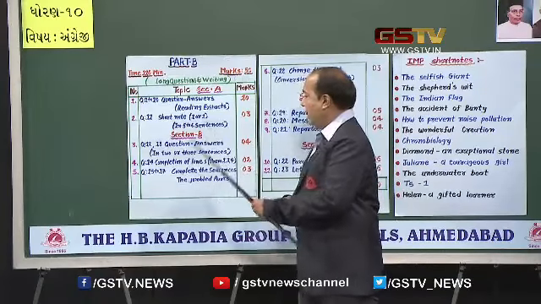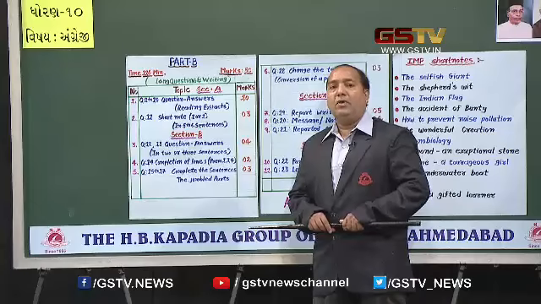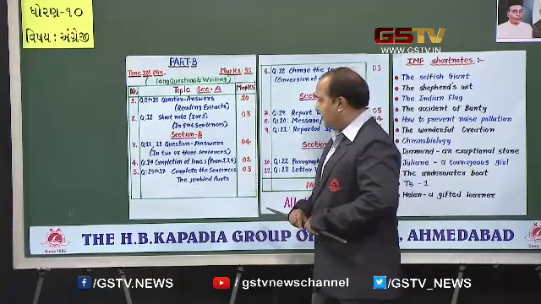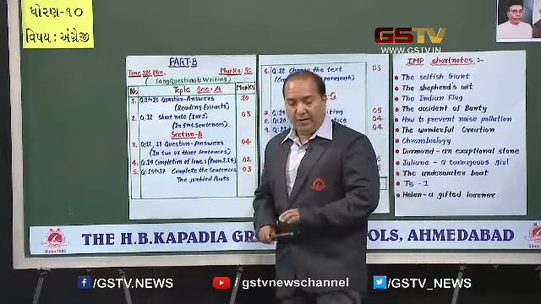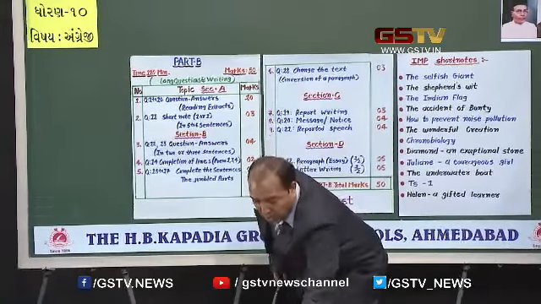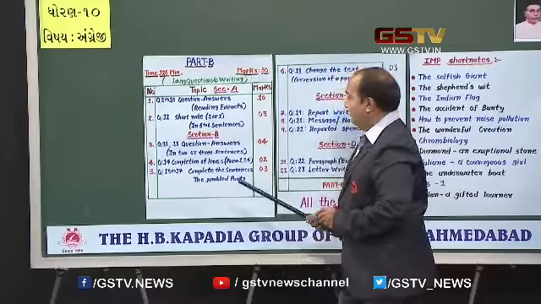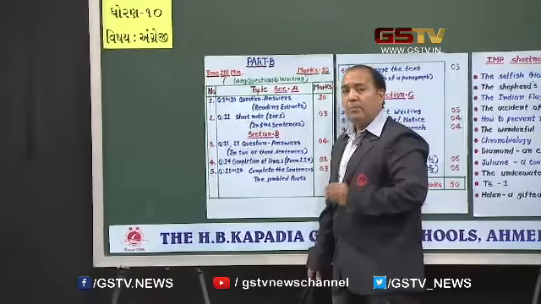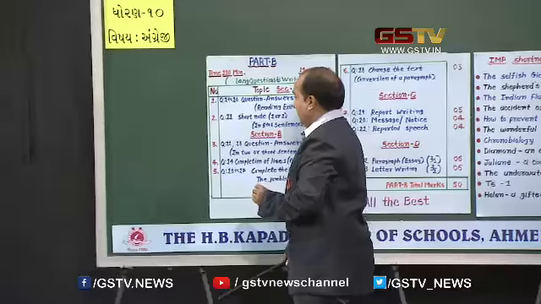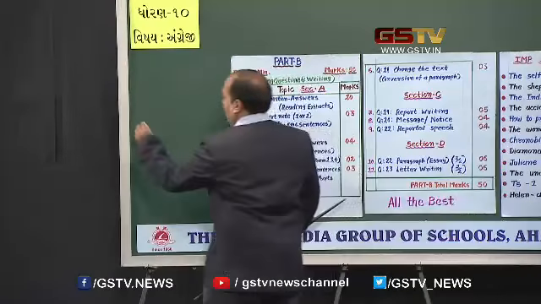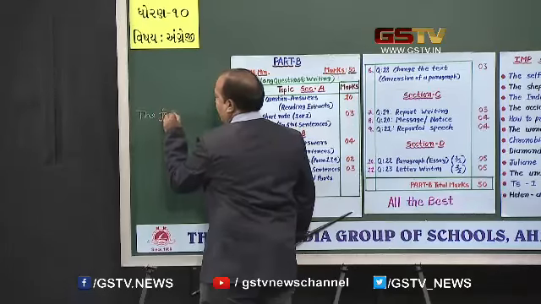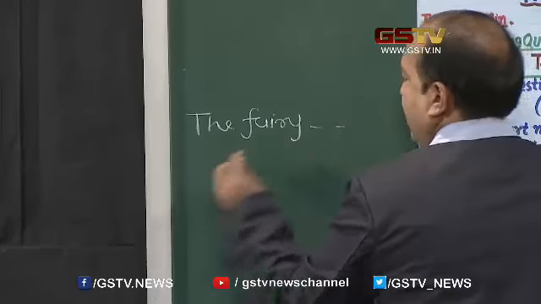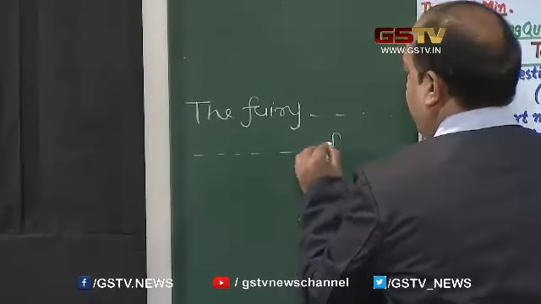the question of 2 marks from completion of lines. In this question, you will be given an incomplete poem, and you have to complete it in your own way. For example, perhaps you may be asked in this way: The fairy, and then dash dash dash fish.